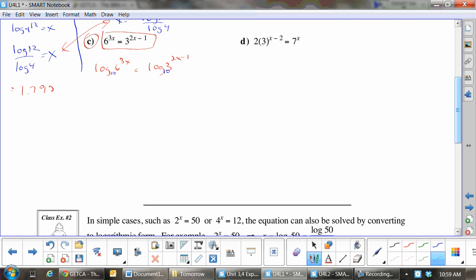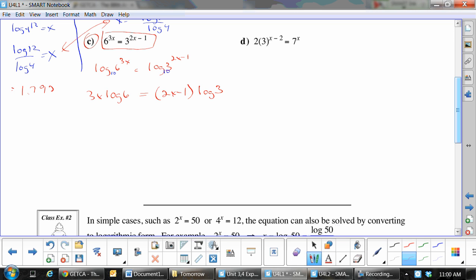But I actually choose to leave them out, knowing that if I've logged them, the 10's are there. You'll get good at that from practice. Now, I have 3x log 6 equals, and you're going to have a bracket, do this in brackets, because it's (2x minus 1) log 3.